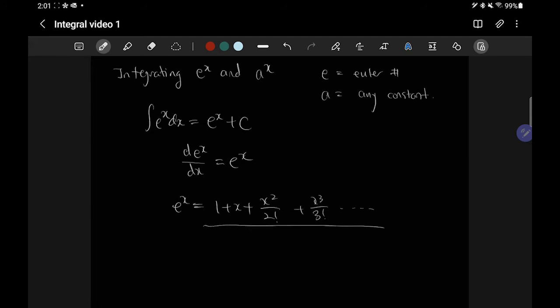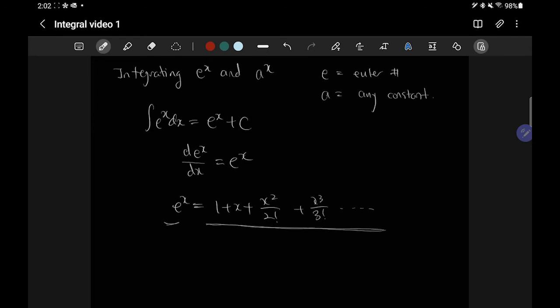This is called a series decomposition of the function e to the x. It is something you will learn to do in the future. For now, just trust me that e to the x equals this function.